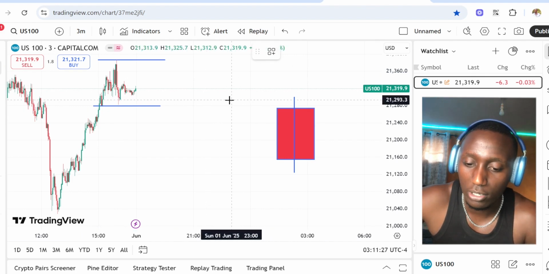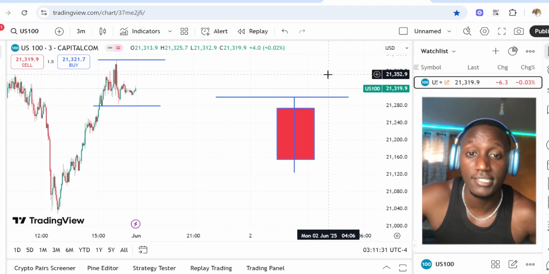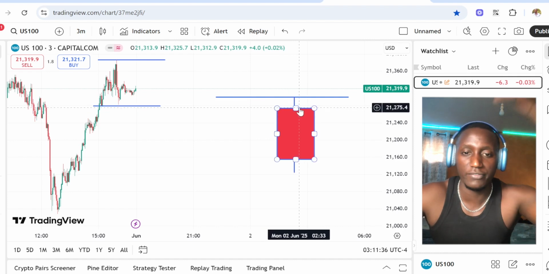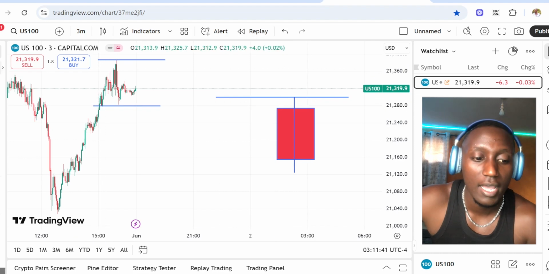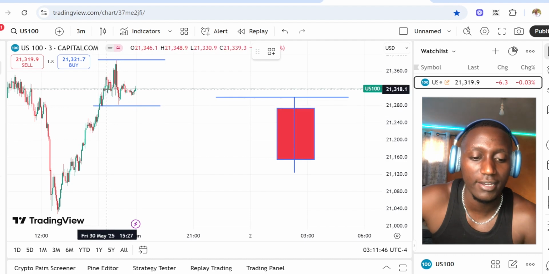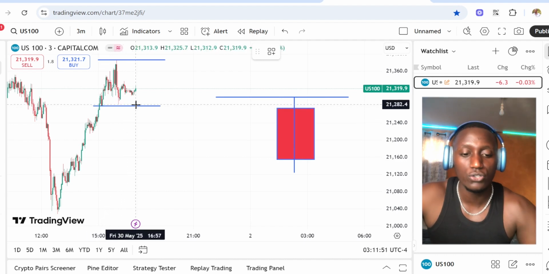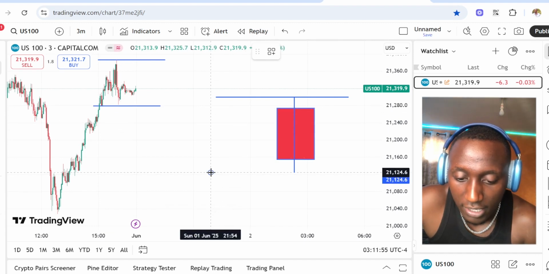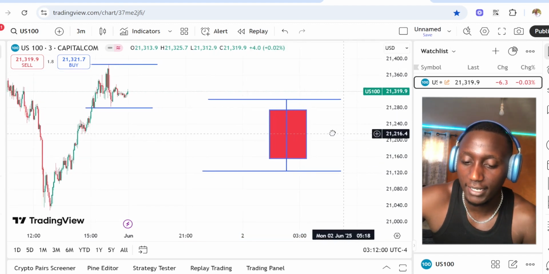And on a candle, the high, which is the highest point that candle has reached, usually a line above the box, is what we call resistance. Same thing here. And to the downside, this is support. It means price comes to this area and can't go below it. So it's like a floor. So a floor and a ceiling. Same thing on the candle: the high of the candle is the ceiling and the low is the floor.